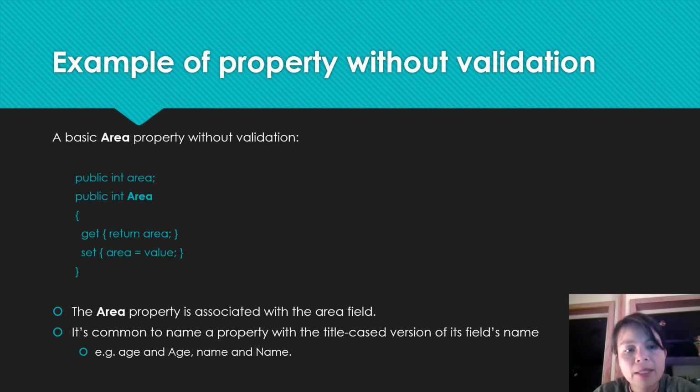The property Area with the capital A is associated with the area field, and the field is in lowercase. So it's common to name the property with the uppercase version of the field's name, like name and Name, or age and Age. That would be the field, and that would be the property.